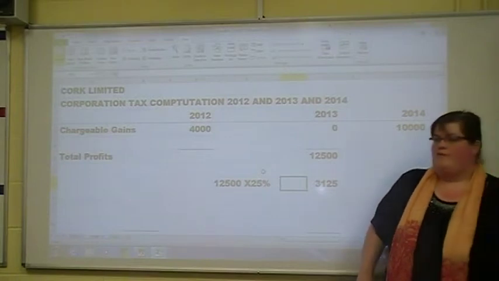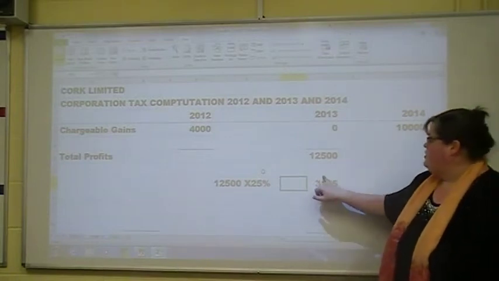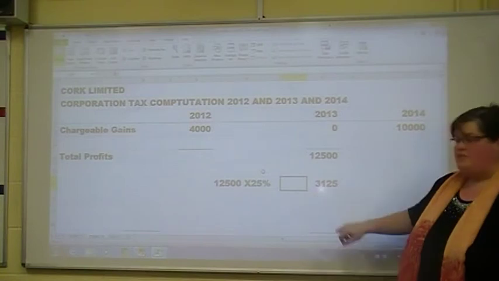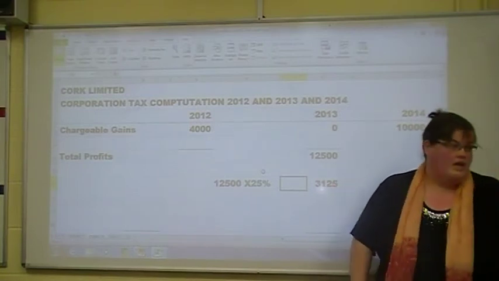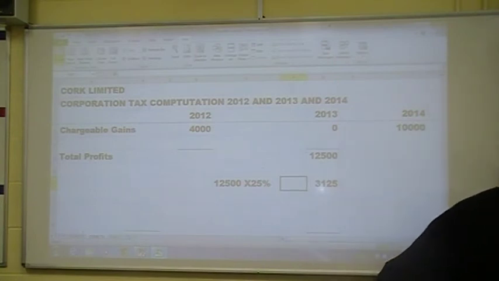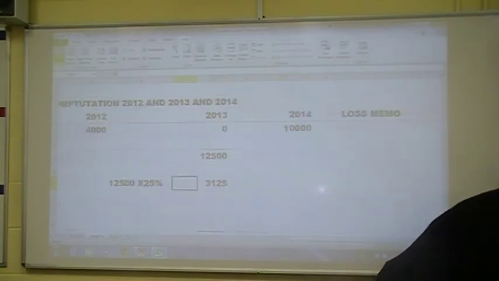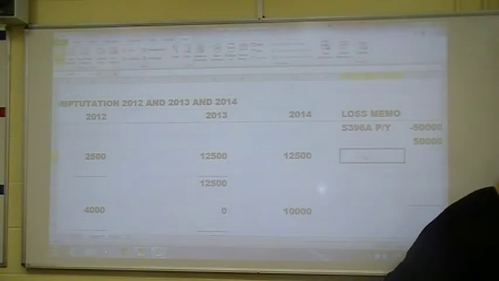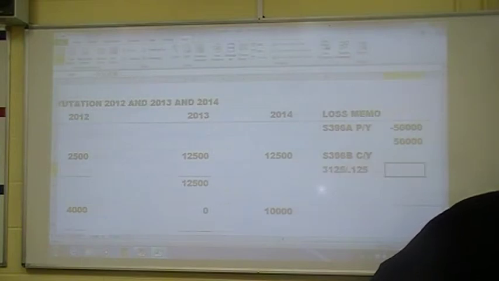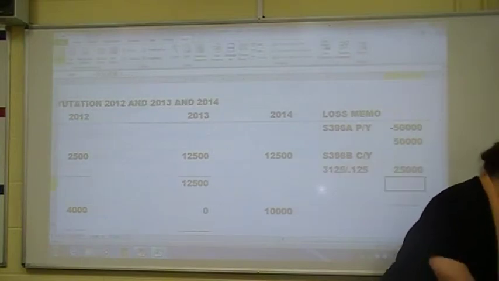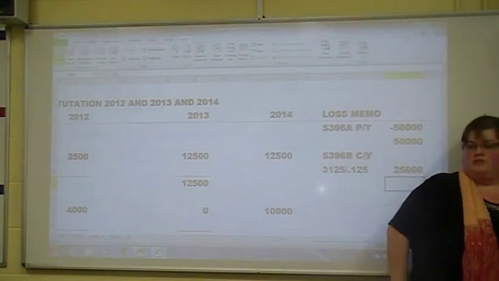So let's find out from the 50,000 above how much we need of it to shelter this 3125 worth of tax liability. So up to your loss memo. Okay, and this is our section 396B, current year, 3125 divided by 0.125, which is 25,000.